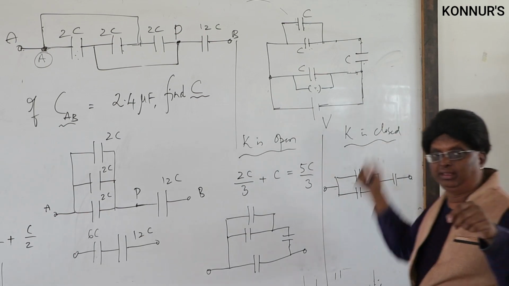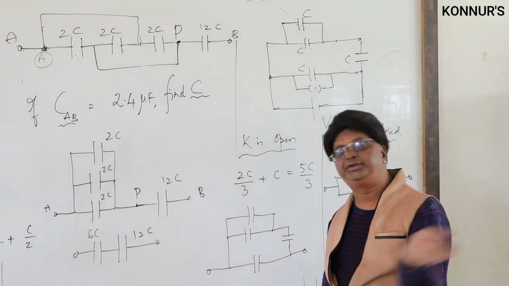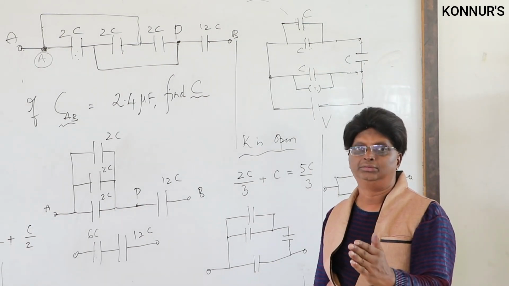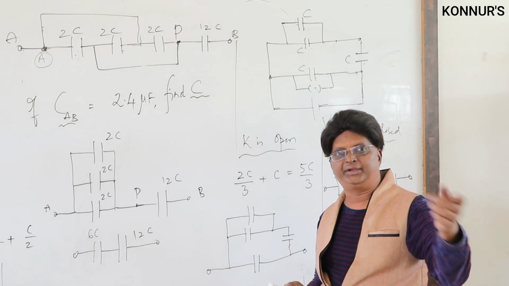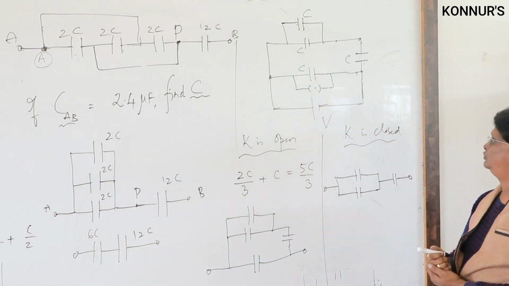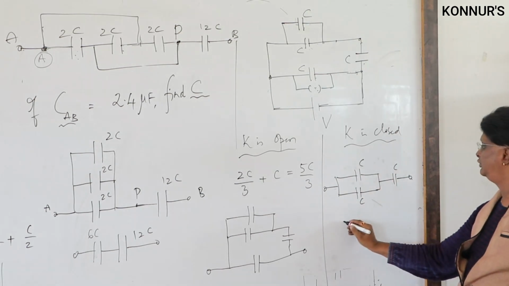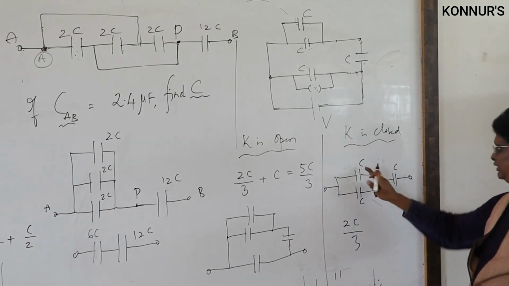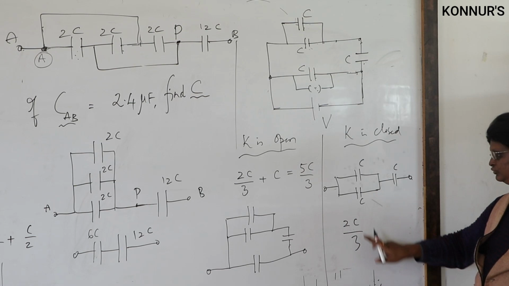Earlier I had shown one key, and I have removed it because if that gets short circuited, the entire circuit will be disconnected from the battery. So this capacitor is ineffective. Therefore now it is C and C. The answer will be 2C by 3, because this is 2C and C in series.